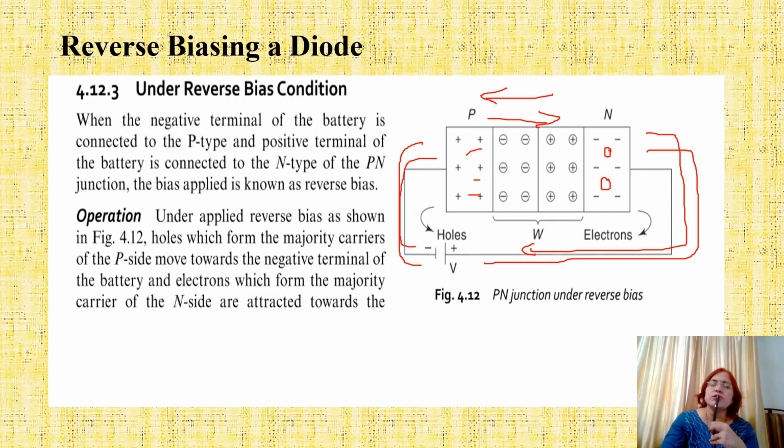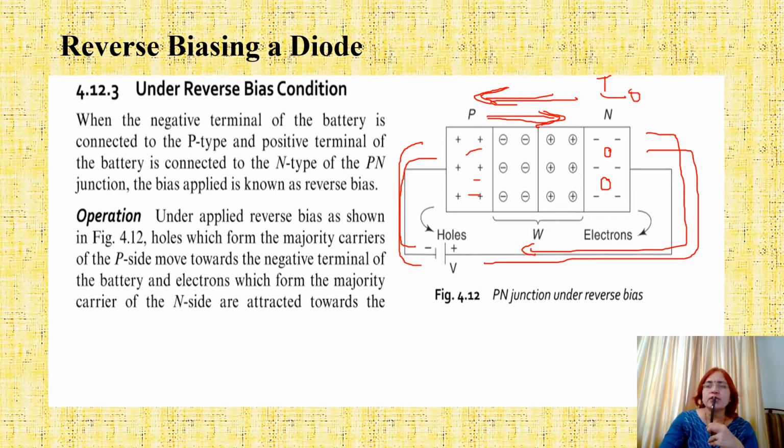and they will constitute a very small current that is called as reverse saturation current, and therefore the electrons are moving in this direction, and therefore the direction of flow of reverse saturation current is in this direction, and that is the reverse saturation current denoted as IO.